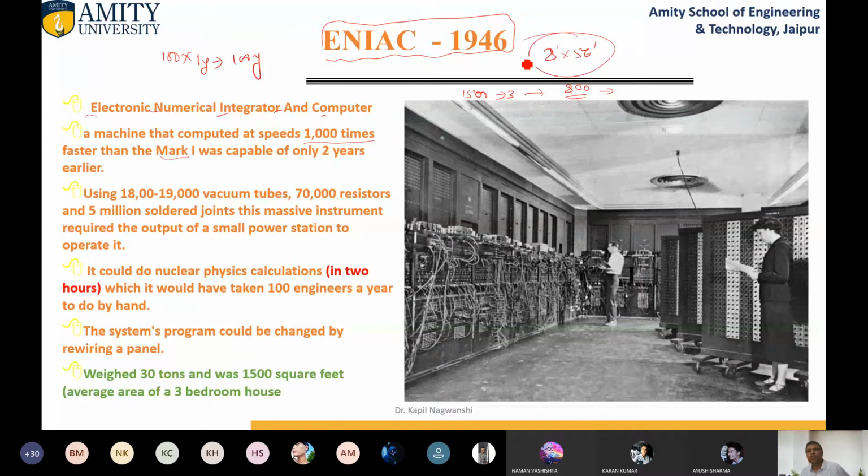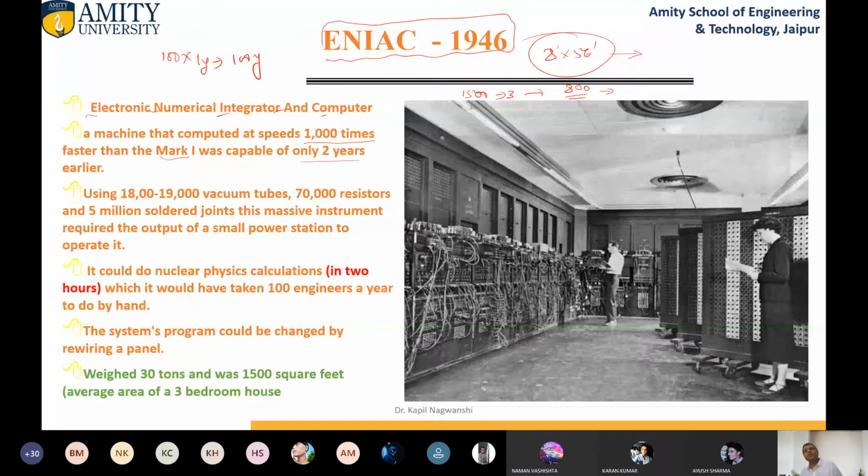Mark 1 was an 8 feet by 56 feet dimension system, as we already saw.